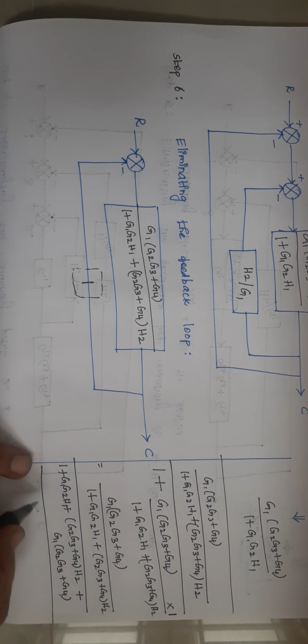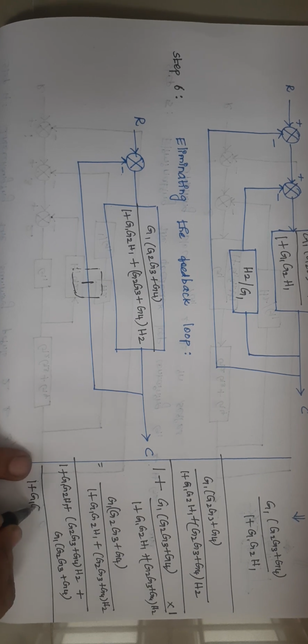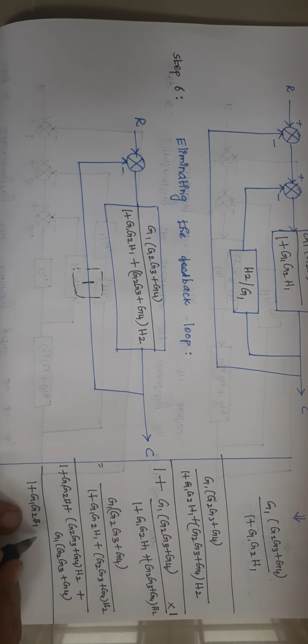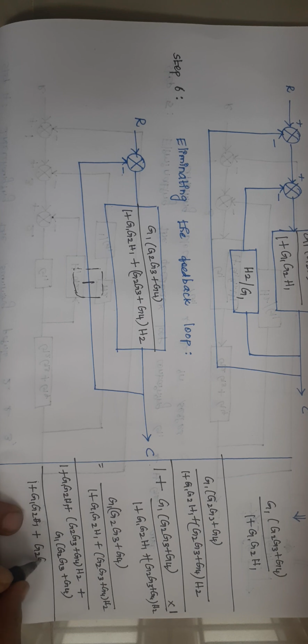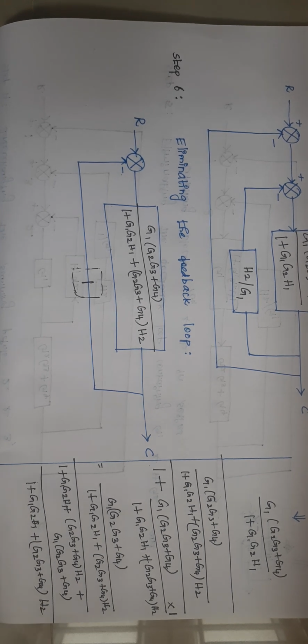Again this entire expression will be divided by 1 plus G1 G2 H1 plus (G2 G3 plus G4) into H2, right?